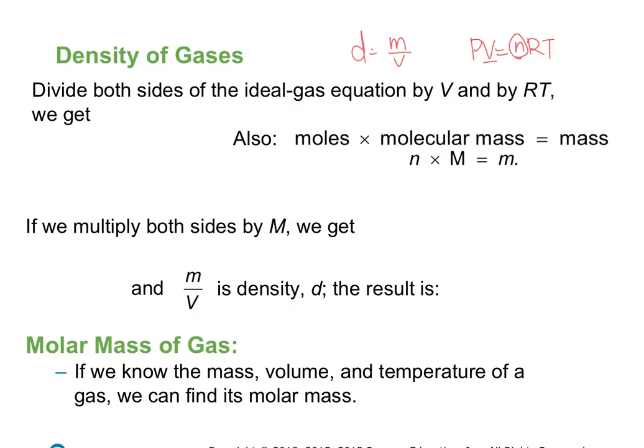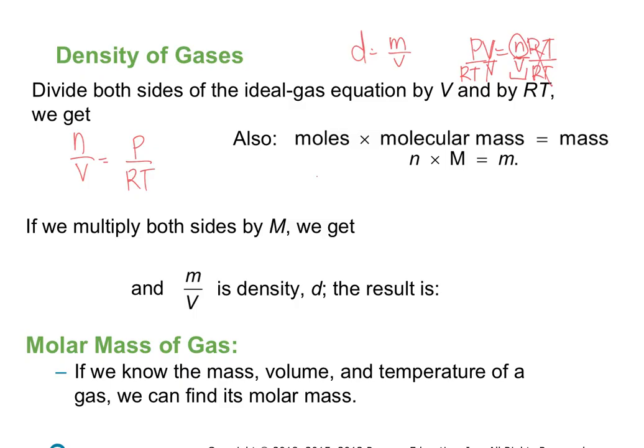So if we rearrange the ideal gas law by getting volume over here, so dividing by volume, and getting the n over V by itself, so also dividing by RT on both sides, we end up getting n over V equals P over RT. So already this is looking very similar to the density equation.